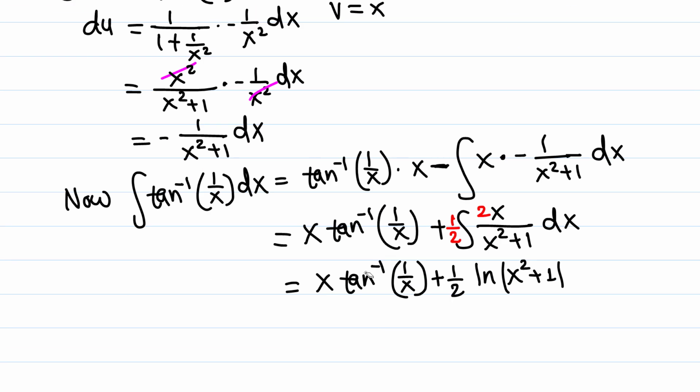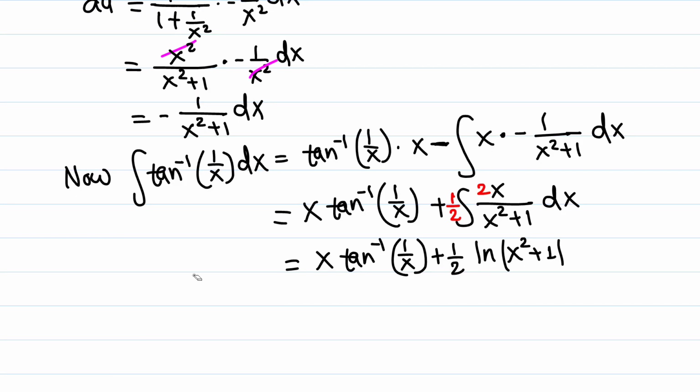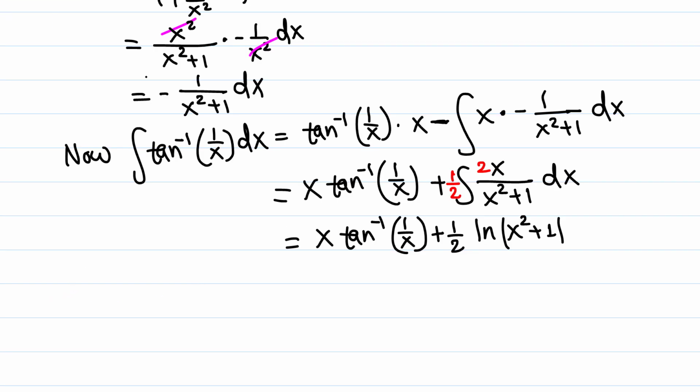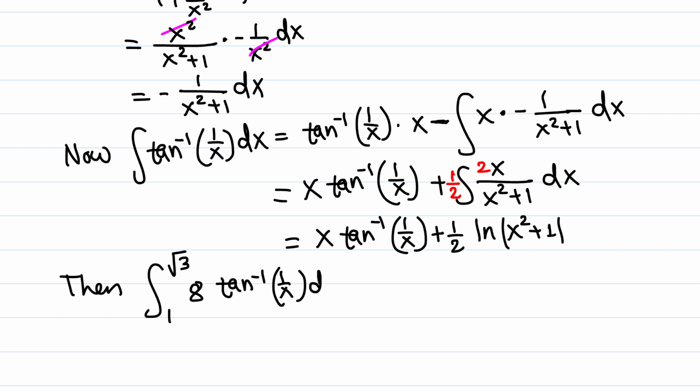Okay, now we need to multiply by 8 and take the limit. So the integral from 1 through root 3 of 8 tangent inverse 1 over x dx is, I need to multiply by 8.